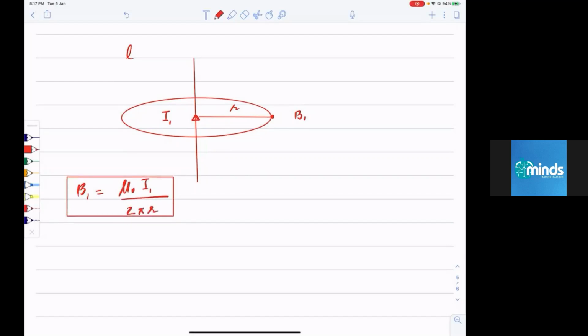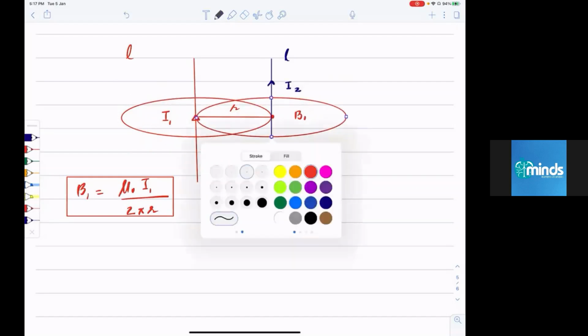Now what I did, I took another conductor and kept it at this point. The length of this conductor is the same, L, but the amount of current in this conductor is different. That is I2. It produces a magnetic field, which should be something like this.